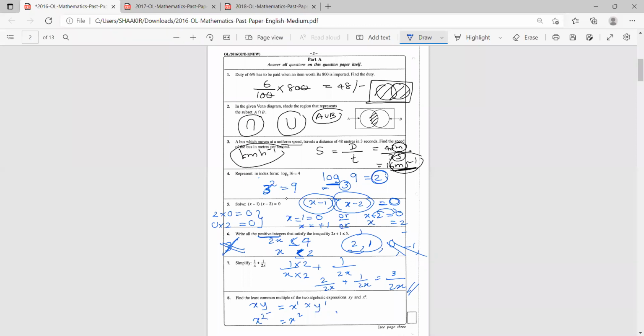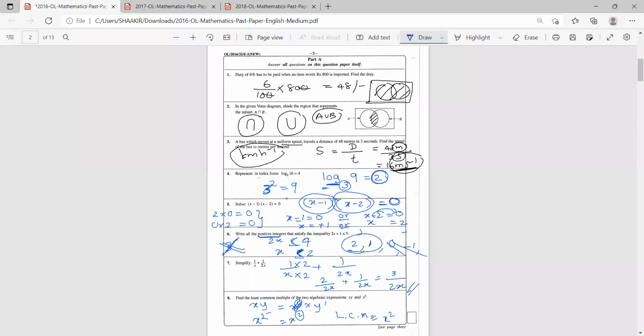Now in this LCM, children, if you take the x, here you are having the power as 1. Here you are having the power as 2. So what is the highest power? 1 or 2? Which is big? 2 is big. So you have to take x to the power 2. You can't take x to the power 1 because 2 is greater, right?